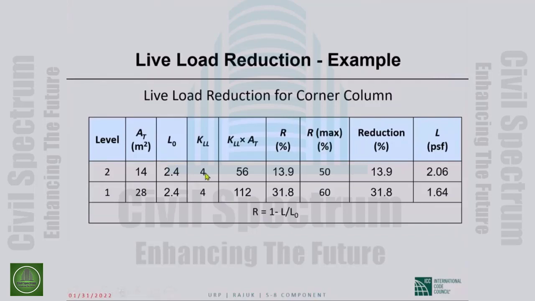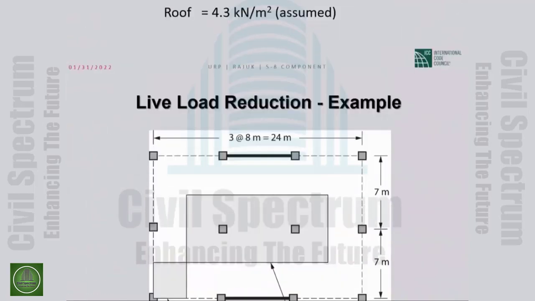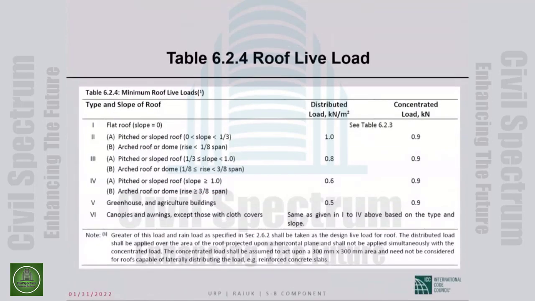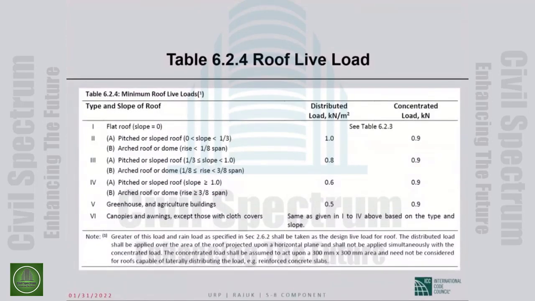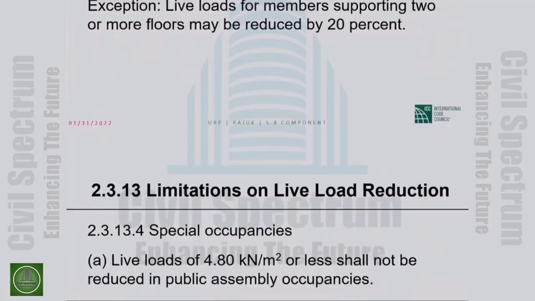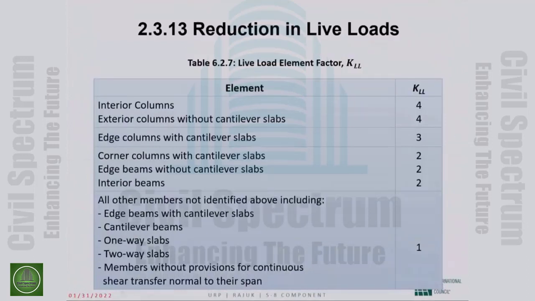K sub LL, if you go back to, we may have to go a long way back, but it may be worth it. Should have copied it again. K sub LL for exterior columns without cantilever slabs is 4.